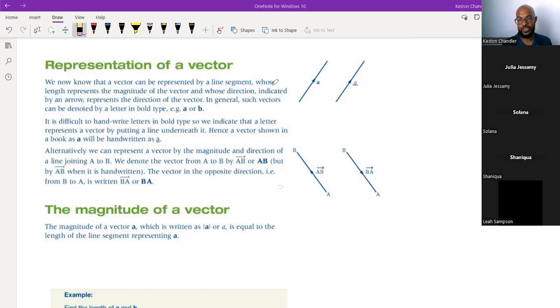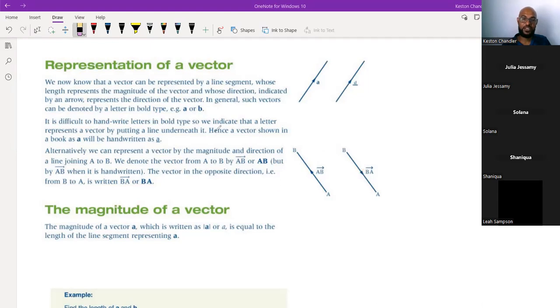If we change the direction and write the arrowhead this way, then this vector is now BA. Although they may have the same magnitude or size, the lengths being the same, they're different vectors because the direction is different. Opposite direction, same magnitude, right?